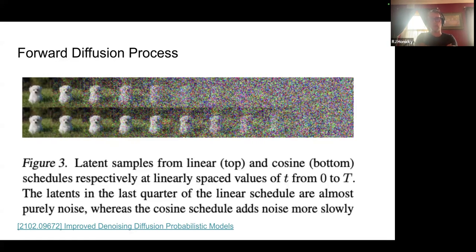They found in this paper that it's inefficient, that you end up with a lot of wasted backwards diffusion steps that you don't need, and you can cut out a whole bunch of it just by using a cosine schedule. So the intensity of the noise is modulated by this cosine.